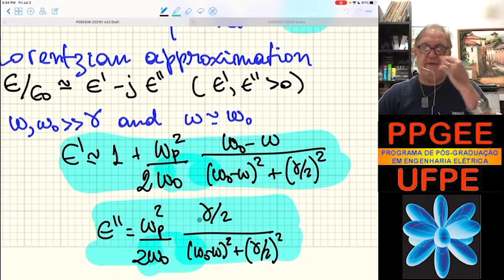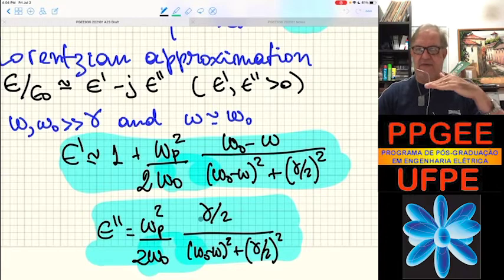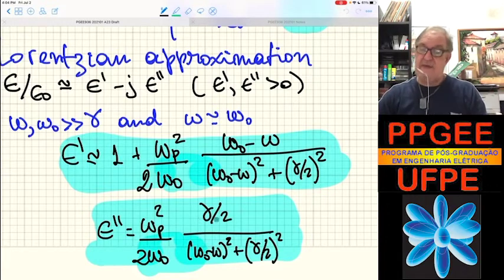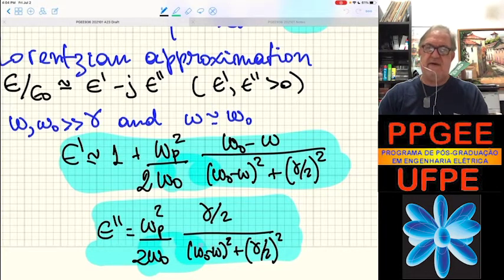So the imaginary part falls down to half of the peak value, right? That's what happens. Also, if you go far away from the resonance, for instance omega much larger than the resonance frequency, this goes to zero. No damping effect. I mean, gamma is the damping parameter; if gamma was zero, there would be no imaginary part. So this is loss. This is going to be some representation of the losses in the material.